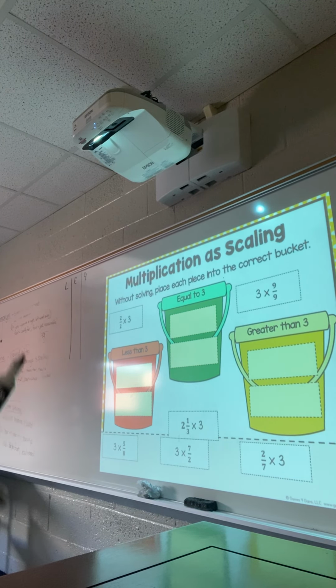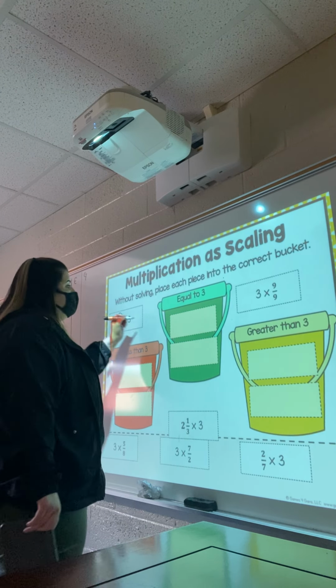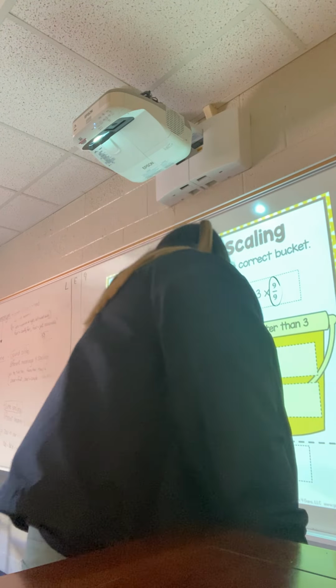All right, if we're trying to figure out if it's less than 3, equal to 3, or greater than 3, what's our original factor going to be? 3, right? So we know that we need to look at these numbers, the fractions. We're not looking at 3.